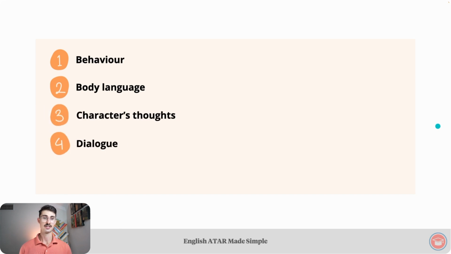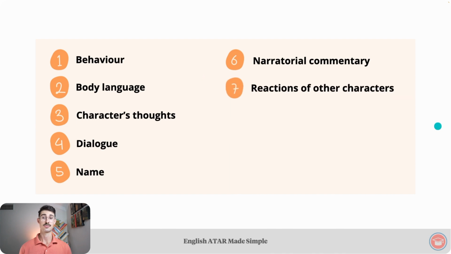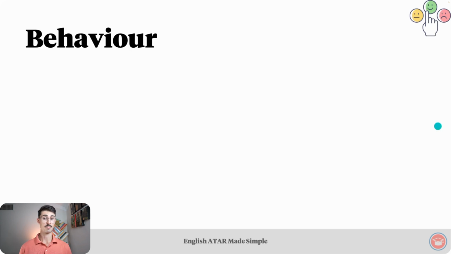With that being said, what are the conventions of characterization? What are the things that are typically used to characterize a character in a text? They are, firstly, behavior, body language, characters' thoughts, dialogue, name, narratorial commentary, reactions of other characters, physical appearance, and setting. Let's take a closer look at each one, starting with behavior.